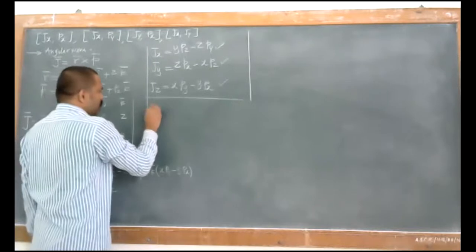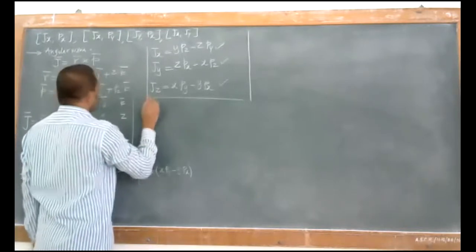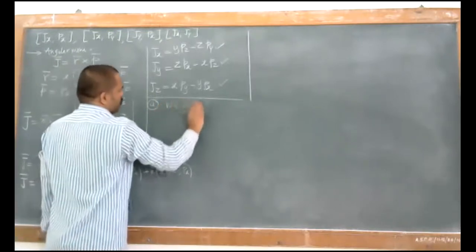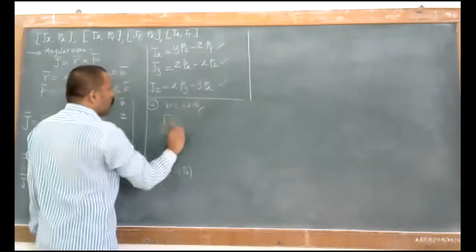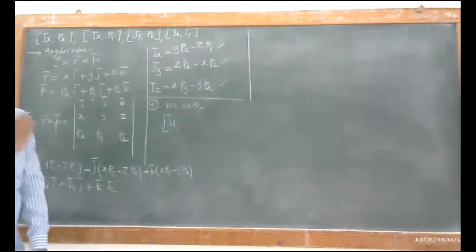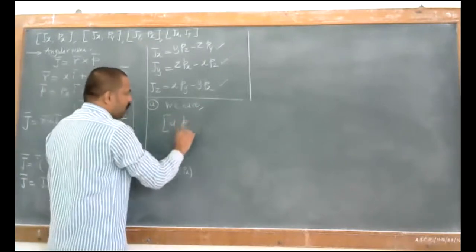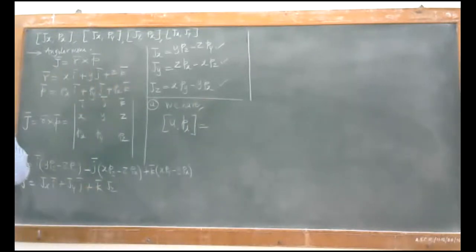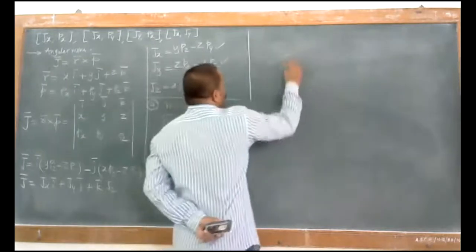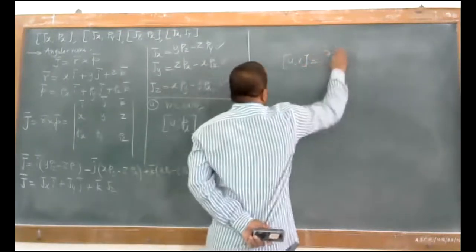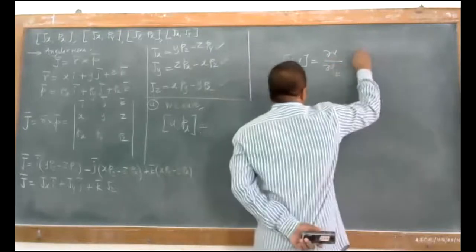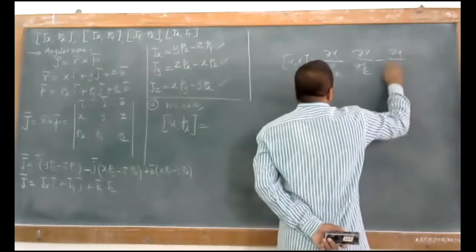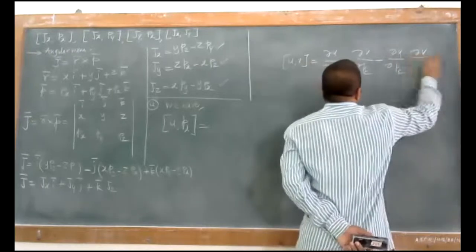If you can remember the Poisson bracket of u and pl, or I can calculate it, then you can realize what the Poisson bracket of u and v is. That is the partial of u with respect to qk times the partial of v with respect to pk, minus the partial of u with respect to pk times the partial of v with respect to qk.